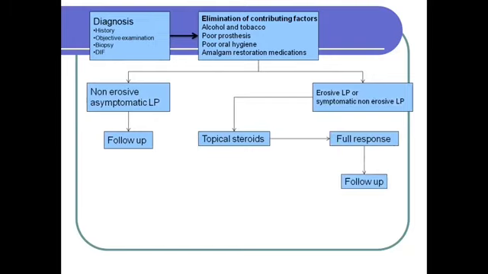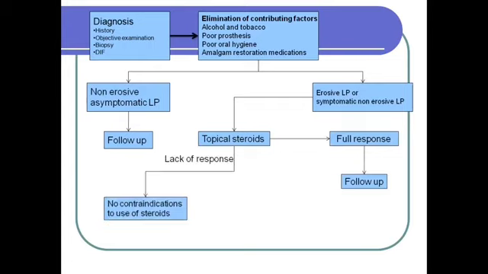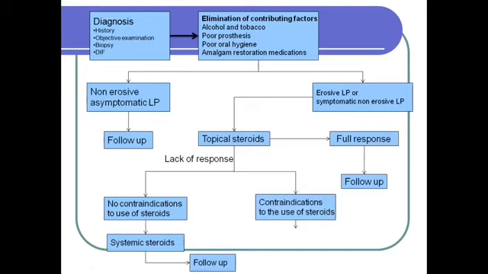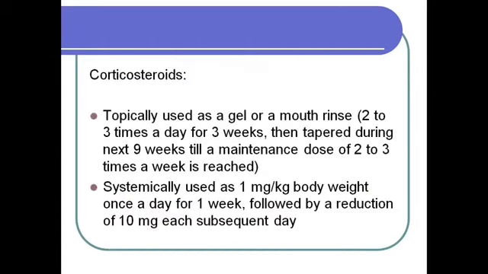If there is a full response, we keep the steroid regimen and follow up. If there is no response, we think of systemic steroids and follow up, provided there is no contraindication to steroids. If there is a contraindication to steroids, we think of topical cyclosporin or tacrolimus. So this is the treatment regimen for oral lichen planus.